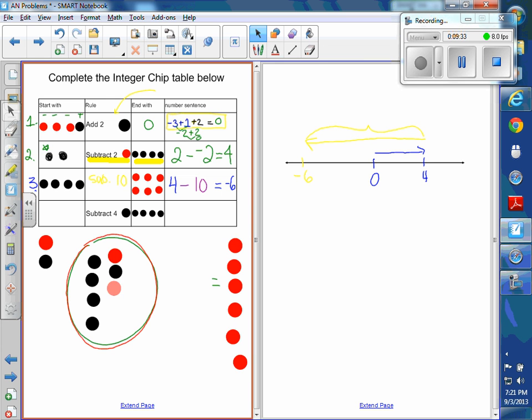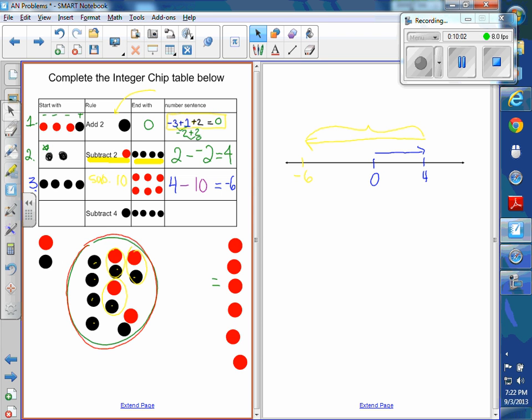You would have to keep doing that until I could subtract 10 positives. So I'm adding in zeros. This is a 0, this is a 0, this is a 0. I can't subtract 10 positives yet. I can only subtract 1, 2, 3, 4, 5, 6, 7. So I have to bring another 0 in.